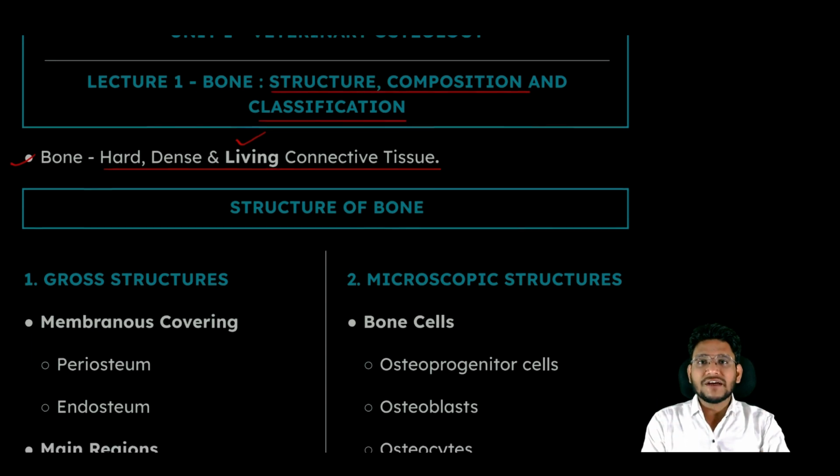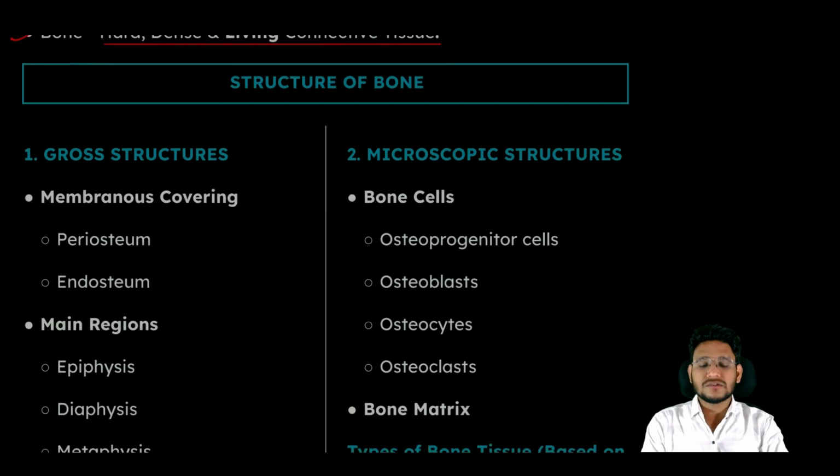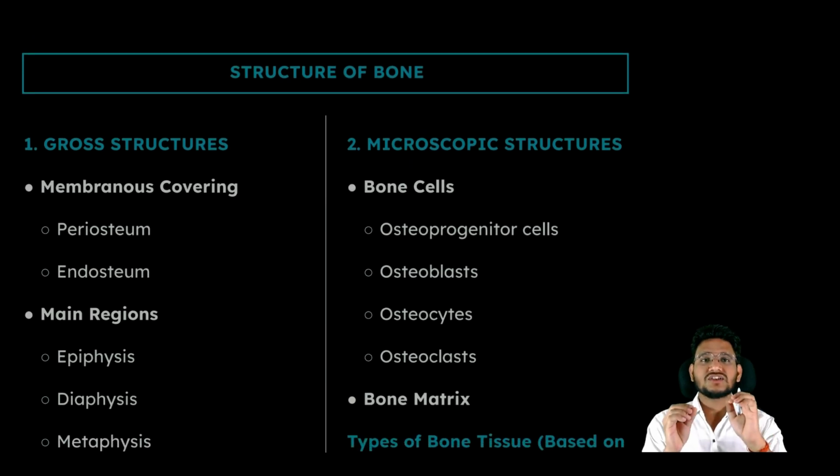Now if we talk about the structure of the bones, we can classify all the structures of the bone into two main categories: gross structures and microscopic structures. The structures visible with the naked eye are called gross structures, while the structures visible only under the microscope are called microscopic structures.